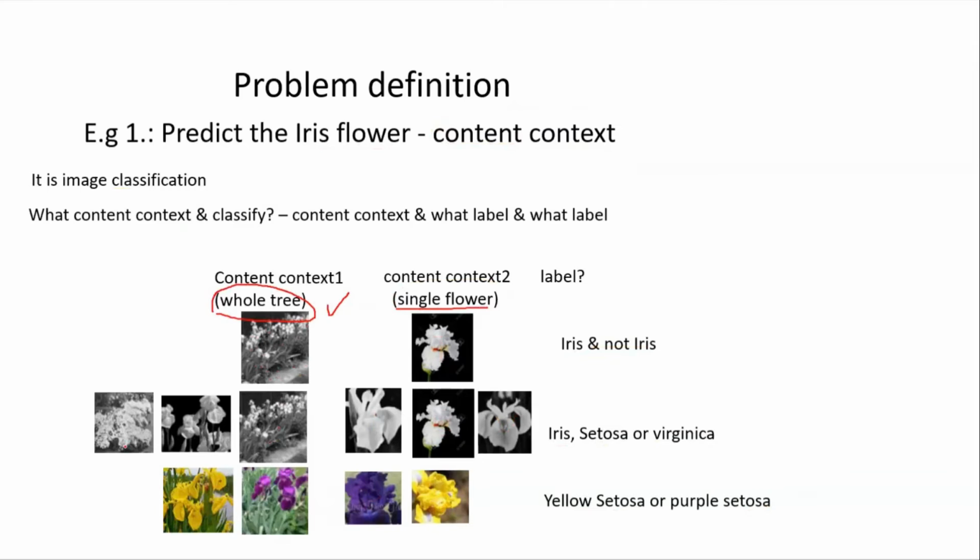So this is an iris tree. This is a flower of setosa, and in terms of the whole thing, tree. And this is the virginica, virginica iris, the whole tree. You see the difference? And this is a yellow setosa tree, and this is a purple setosa tree.